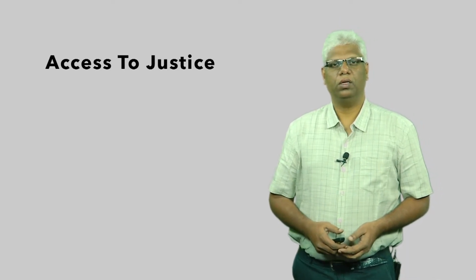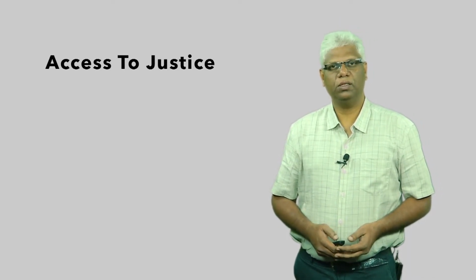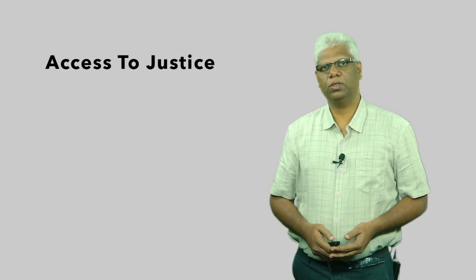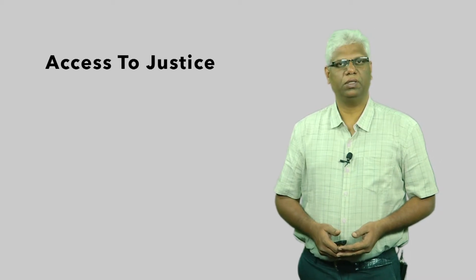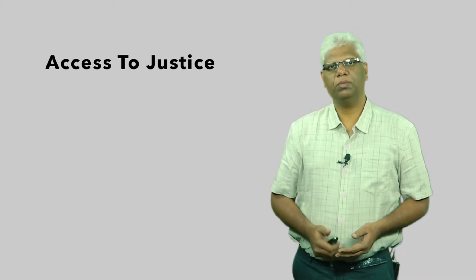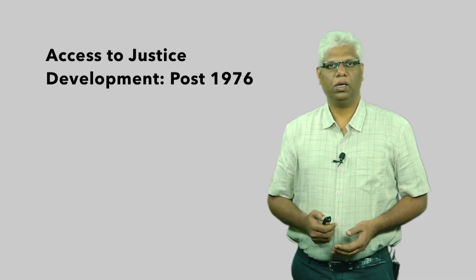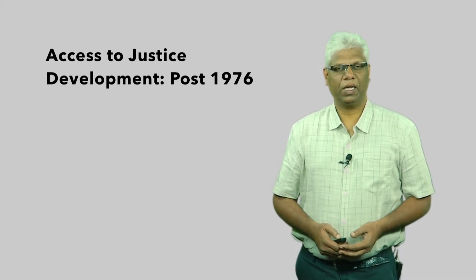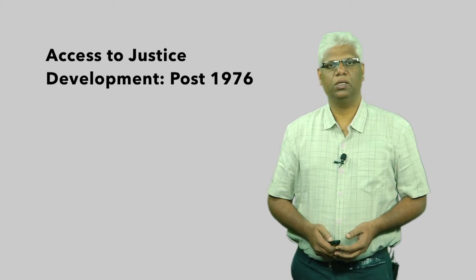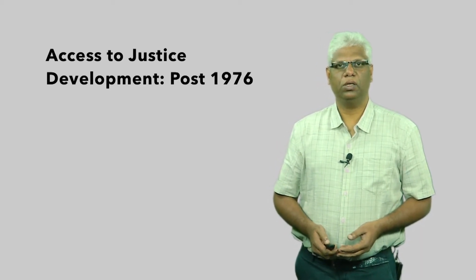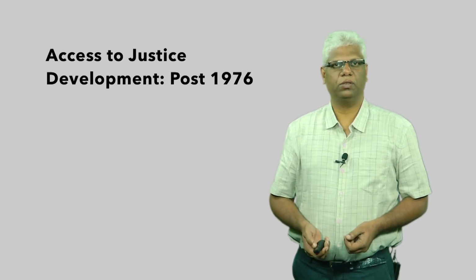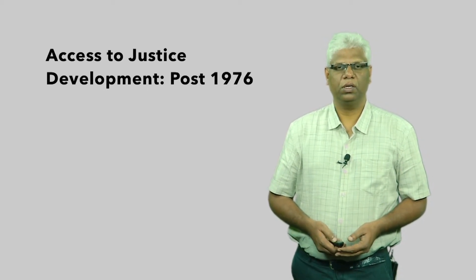One is the developments prior to 1970. The second module focused on the developments from 1970 till 1976. The third module, which I am presenting today, is on how the legal aid developments provided access to justice after 1976. So today we would be focusing mostly on the developments that took place from 1976.